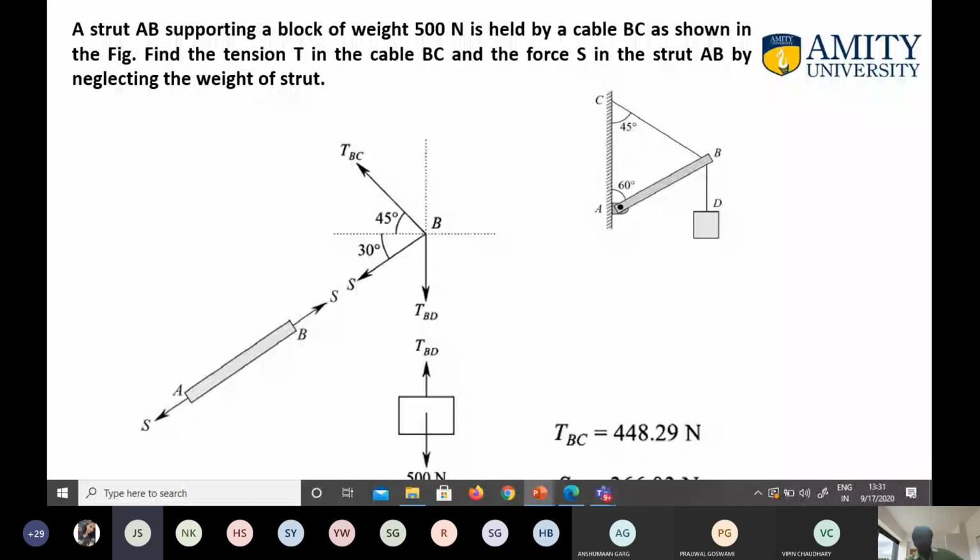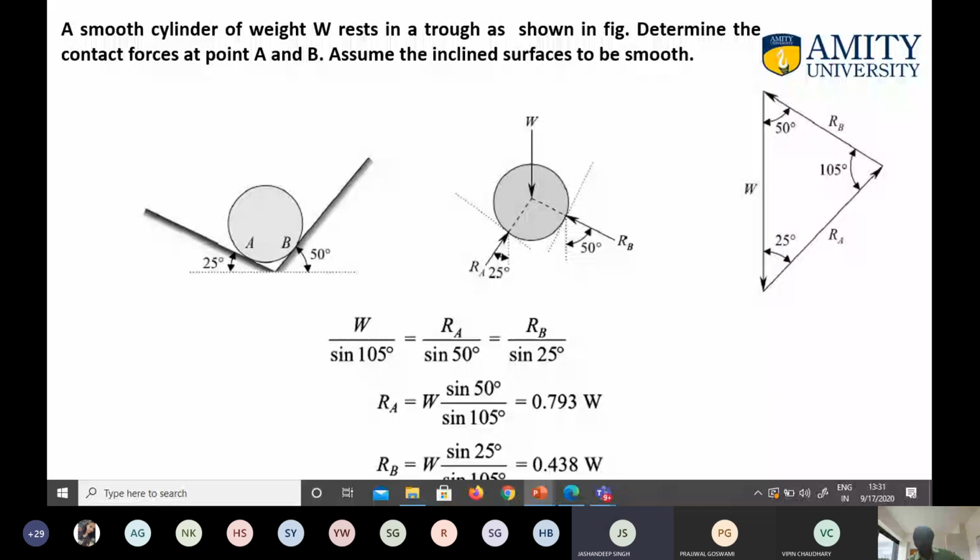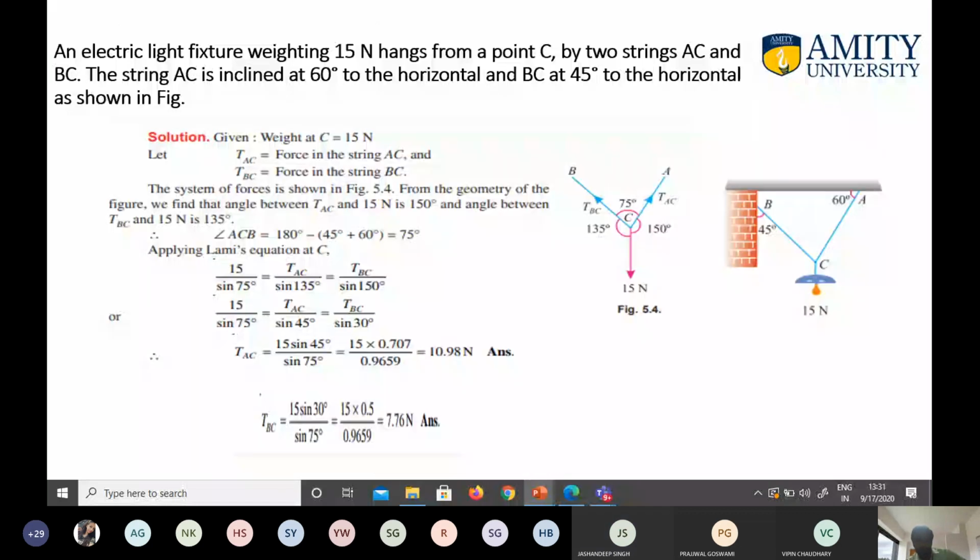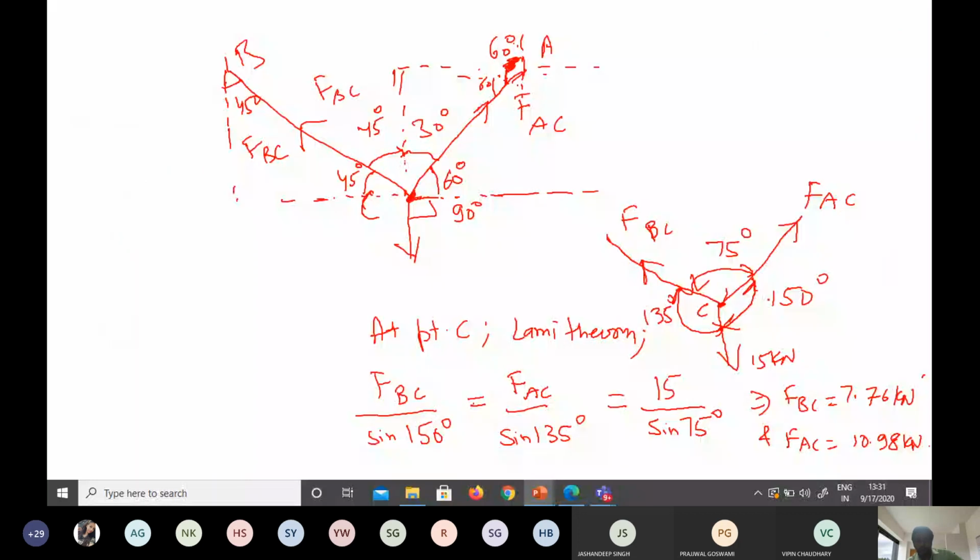Sir, explain once again how FBC is calculated. See here, we have 3 equations: FBC upon sin 150 is equal to FAC upon sin 135 is equal to 15 upon sin 75. So we will equate this and this once, and other time we will equate this and this.